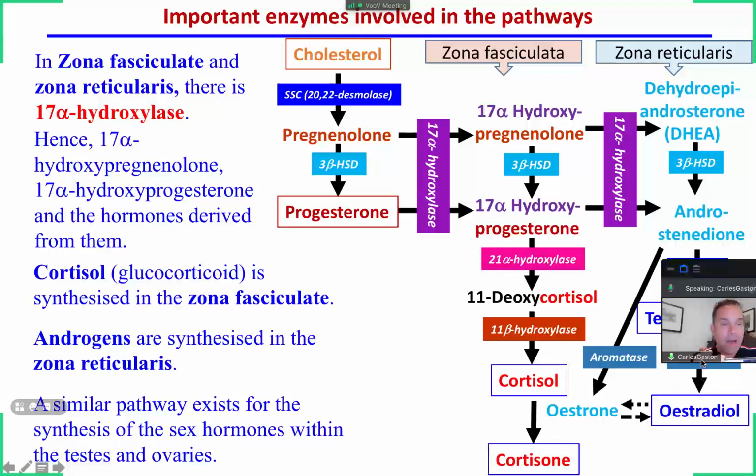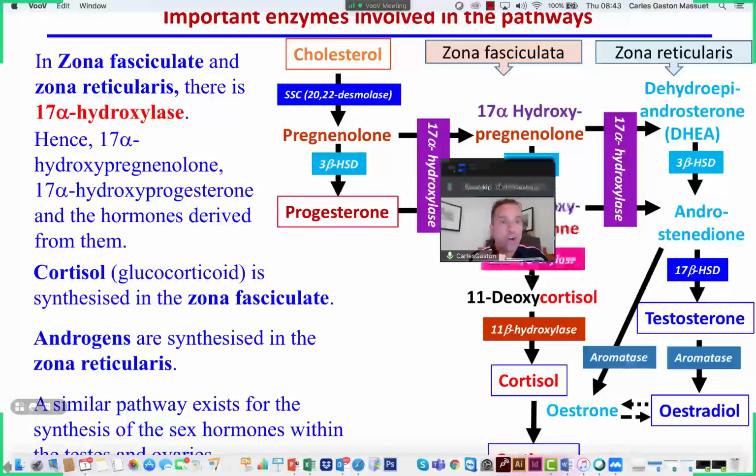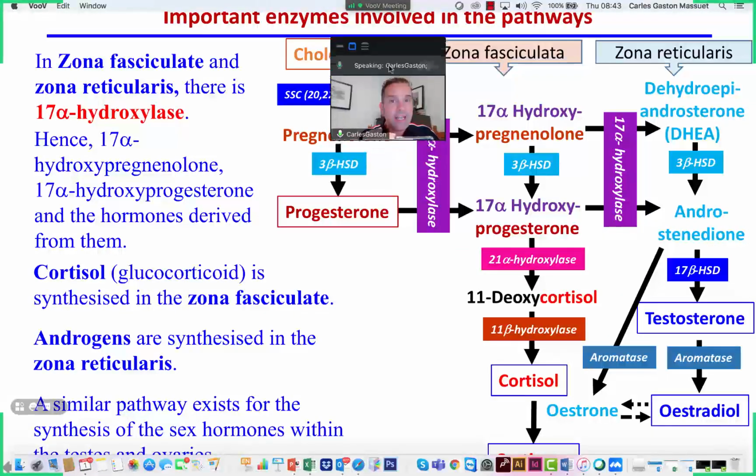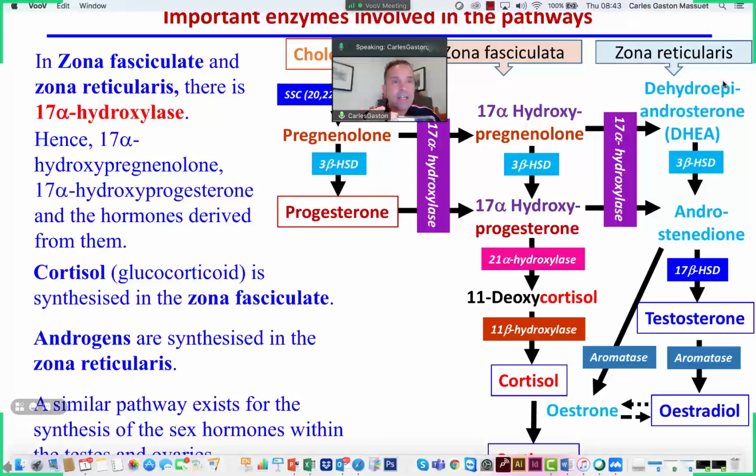So how about in the zona reticularis? In the zona reticularis, dehydroepiandrosterone gets modified by 3-beta HSD to androstenedione, and then by 17-beta HSD to testosterone, which obviously will impact masculinization and also the reproductive hormones.